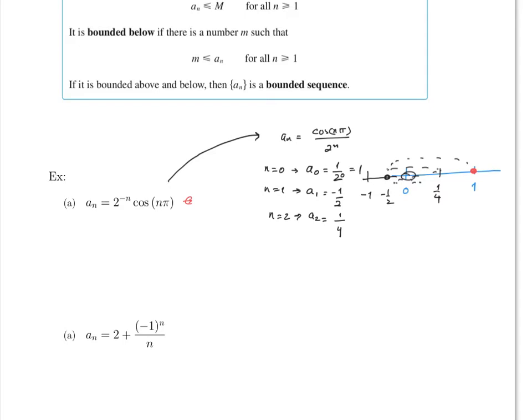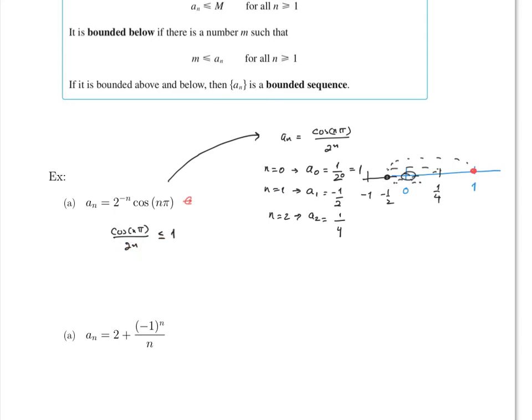So now let's see if this is bounded. Notice the cosine of m pi divided by 2n is always going to be less than or equal to 1. Why? Because this changes from negative 1 to 1. This is the biggest it can be, and this is always 2 over n, which will be 2, 4, and so forth.